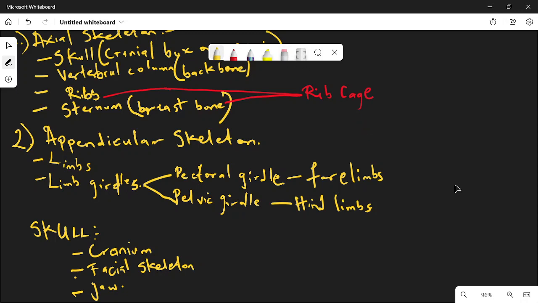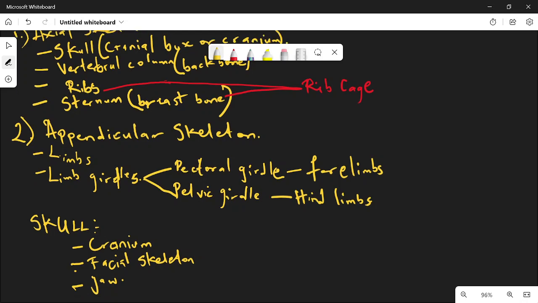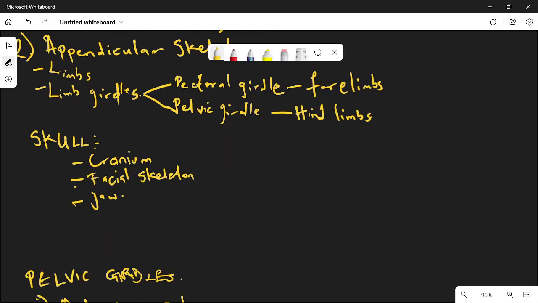So if we quickly have to talk about the backbone now, let me put that here. The backbone, we have majorly 5 bones on our backbone. All that I'll be talking about here is in the animals.